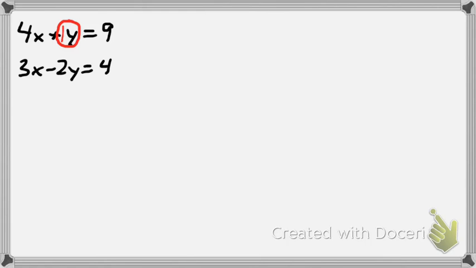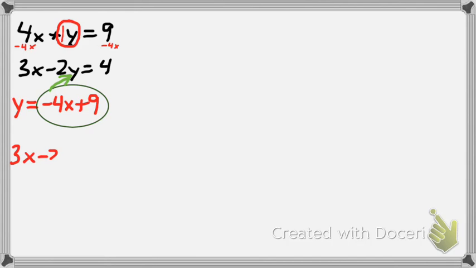It's being crowded by the 4x. So we need to subtract that 4x to the other side, giving us y equals negative 4x plus 9. And that is our bubble. We're going to take that bubble and place the bubble into the other equation for y.